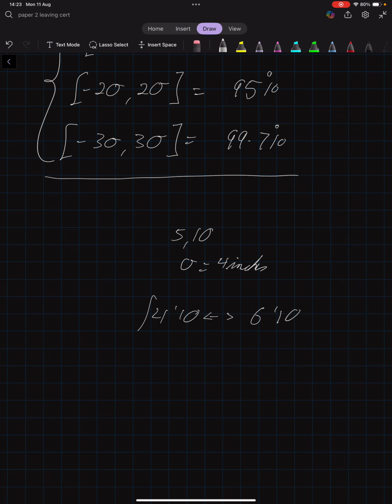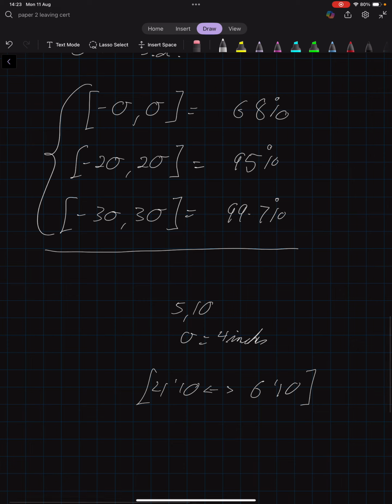Would you imagine that for every 1,000 people, I'd only find 3 that wouldn't be in this range? You'd probably say, yeah, that's believable. So that would be something like what the standard deviation for heights would be. Even though I don't know it, I can make a good guess. So the standard deviation just tells you how spread out your data is.